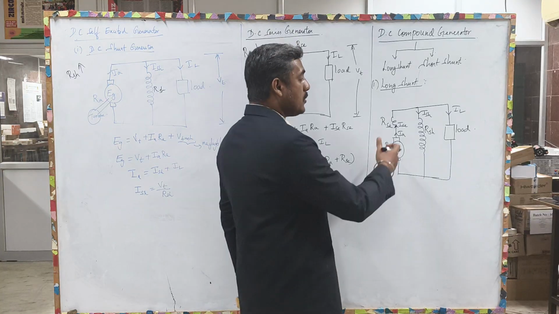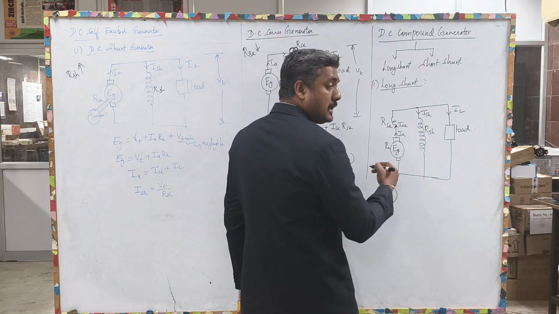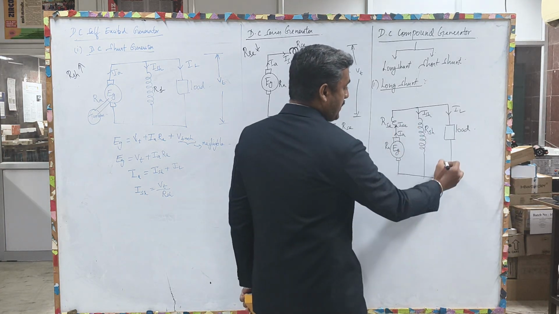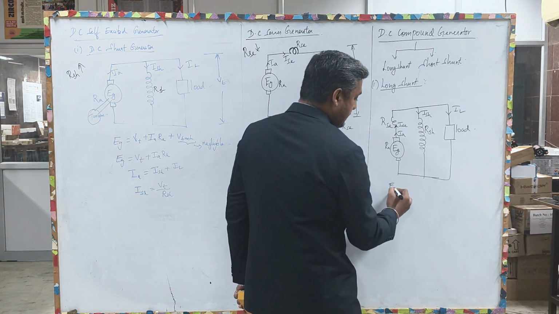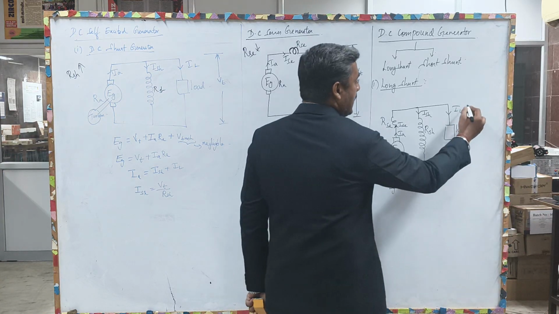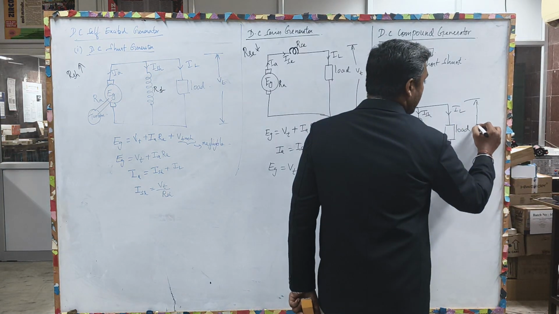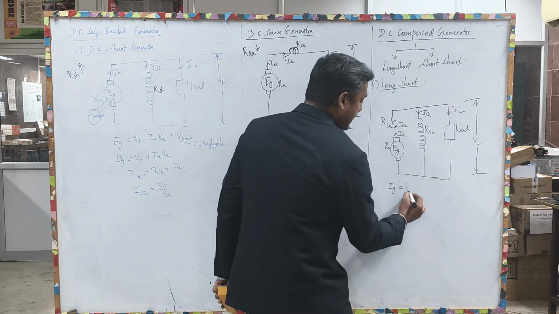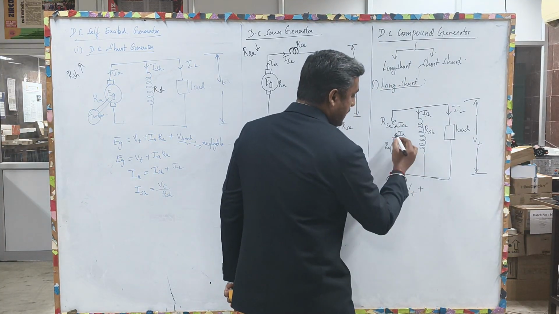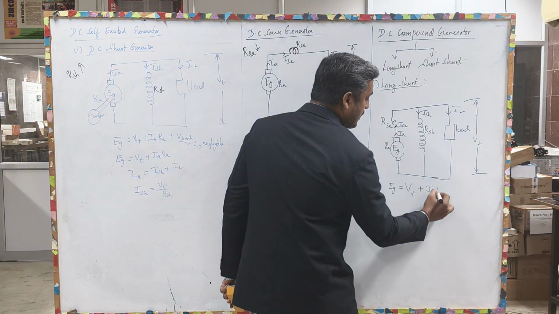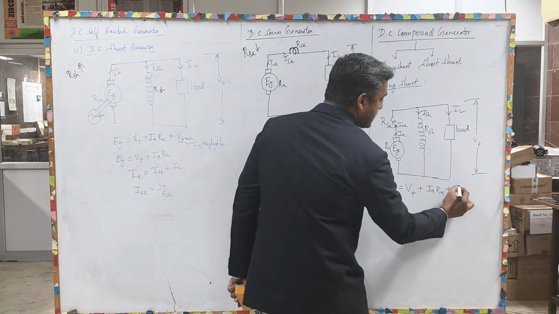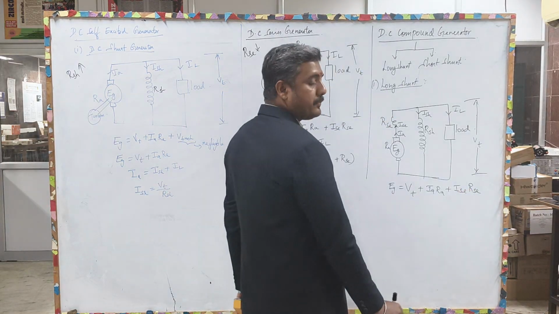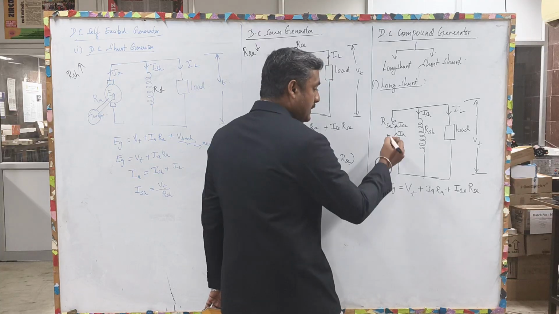Okay. Now, if you are going to write the electrical equation of the system, then if you take this loop, Eg equal to the terminal voltage Vt plus Ia into Ra drop plus Ise into Rse drop.